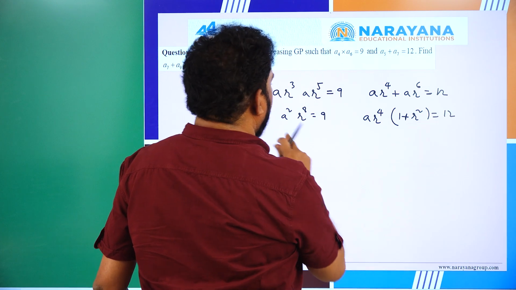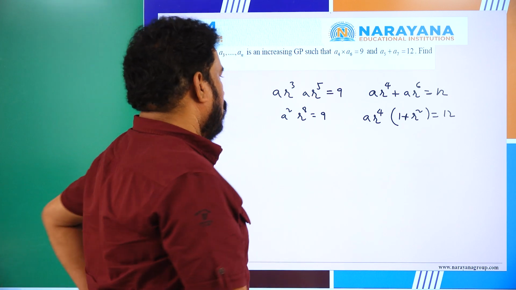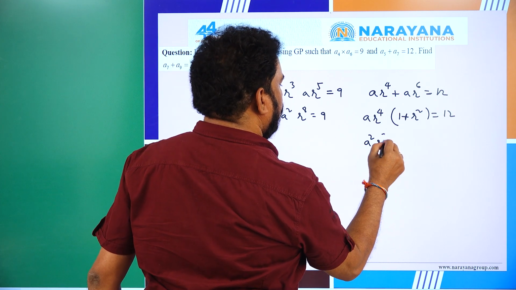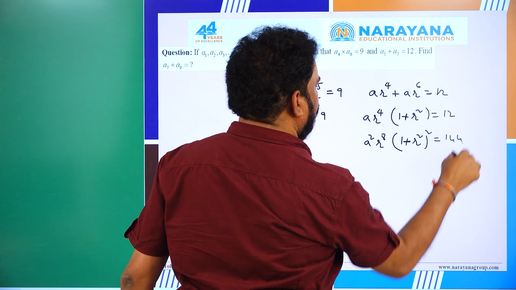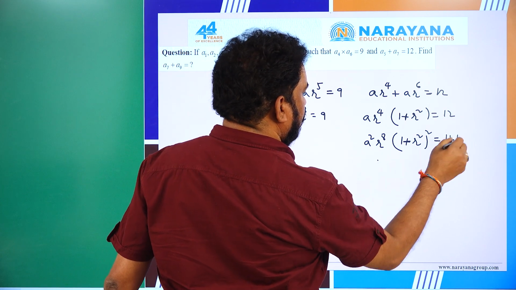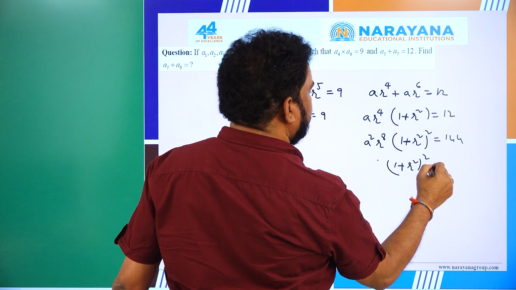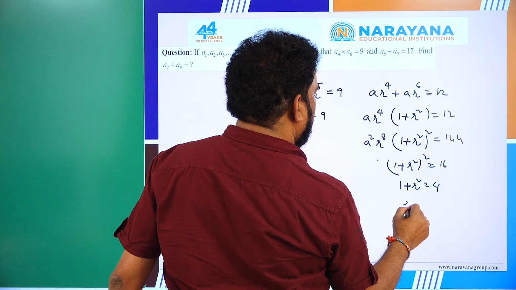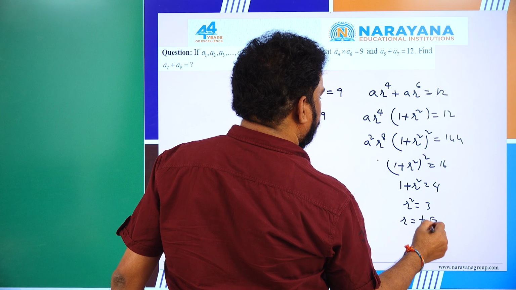Now by squaring both sides, a square r power 8 into 1 plus r square whole square equals 144. Substituting the value 9, we get 9 times 1 plus r square whole square equals 144, so 1 plus r square equals 4. R square is equal to 3, so r is equal to plus or minus root 3.